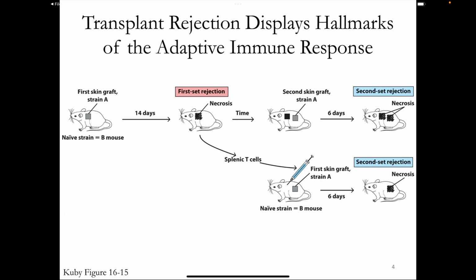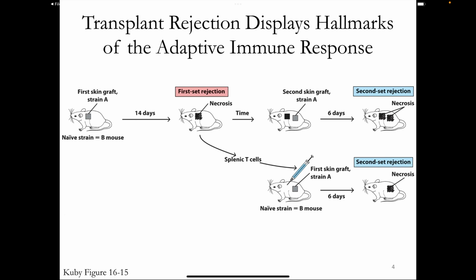People have also done a lot of experiments like what is shown on the bottom here. So if we look at our strain B mouse who has rejected some strain A skin, we could do an experiment very similar to experiments that you saw at the beginning of the semester done by Von Behring and Kitasato, where we could take either antibodies from this mouse or T cells from this mouse and give those antibodies or T cells to another naive mouse.